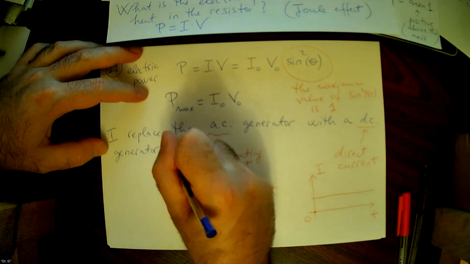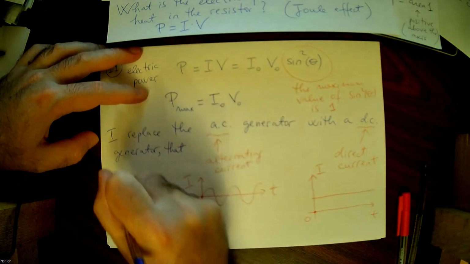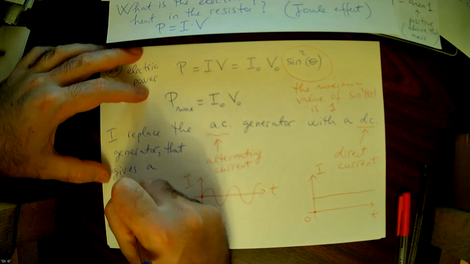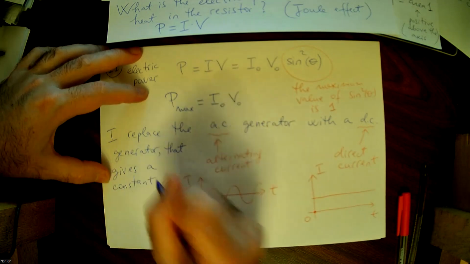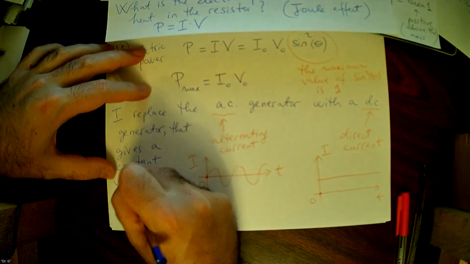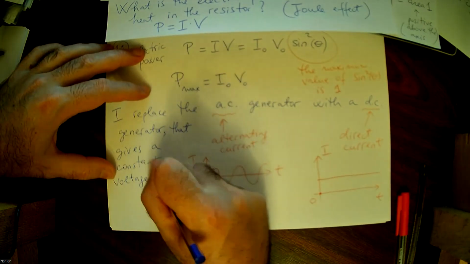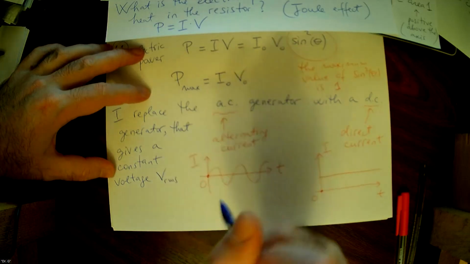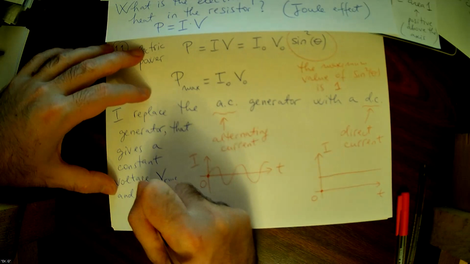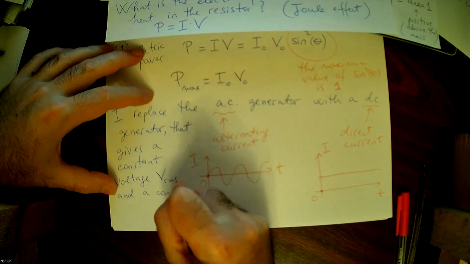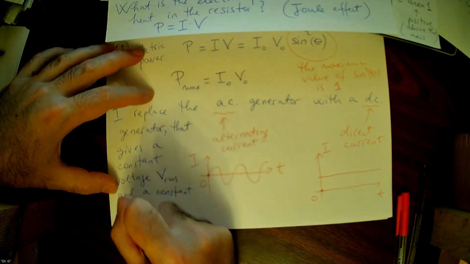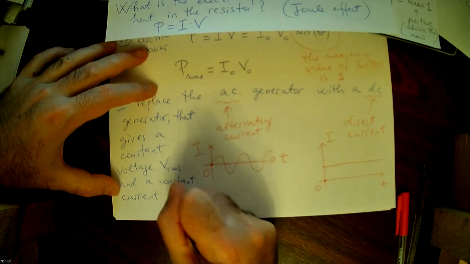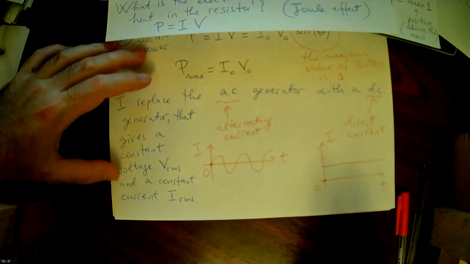That gives a constant voltage VRMS and a constant current IRMS.